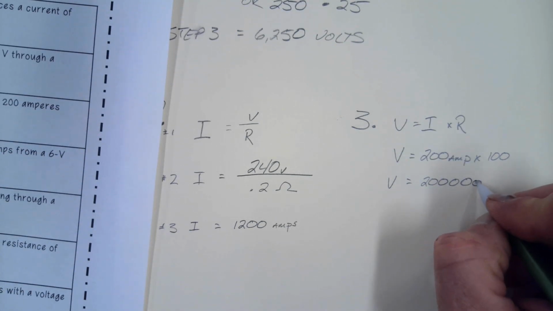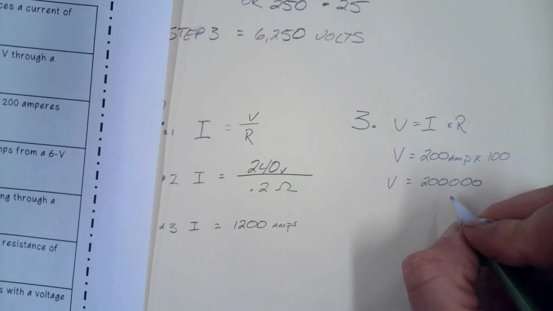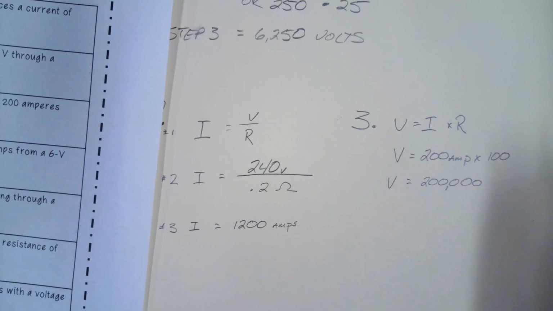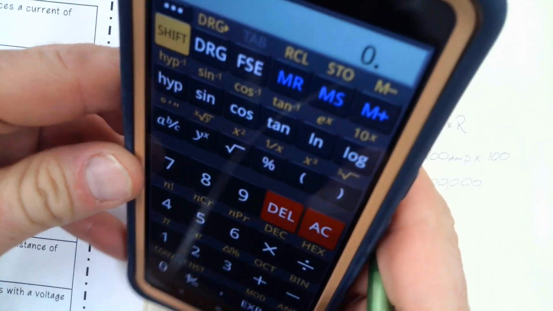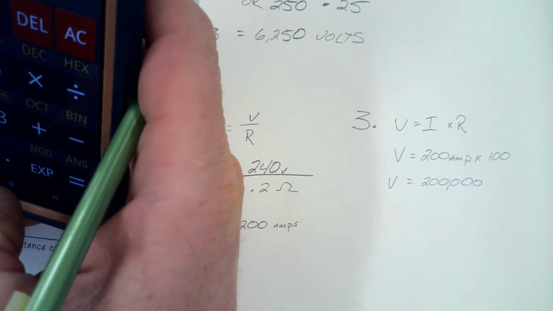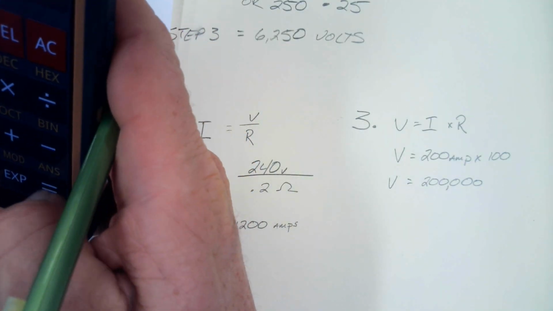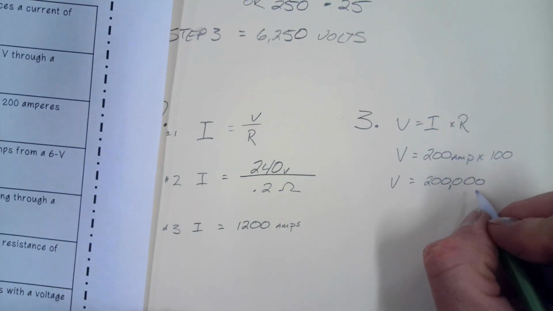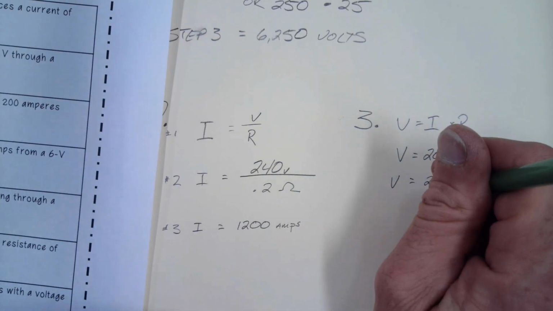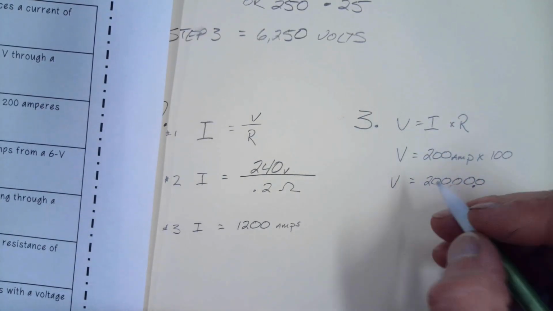Is that right? I just moved the decimal place over 2. I got 20,000. Maybe I'm off. Yeah, 20,000. I'm off on my assumptions.